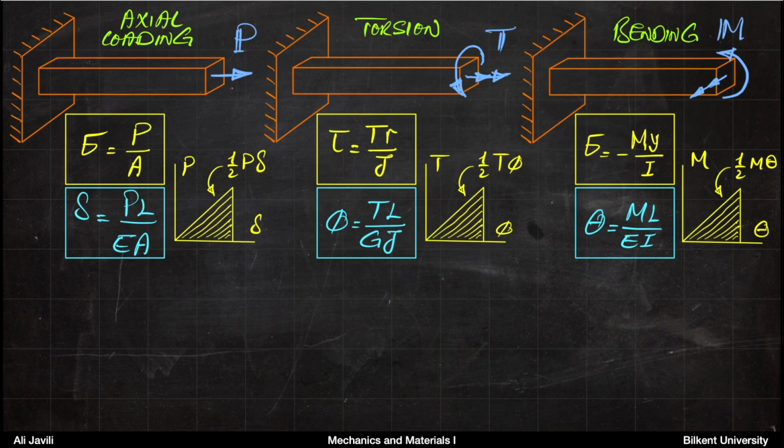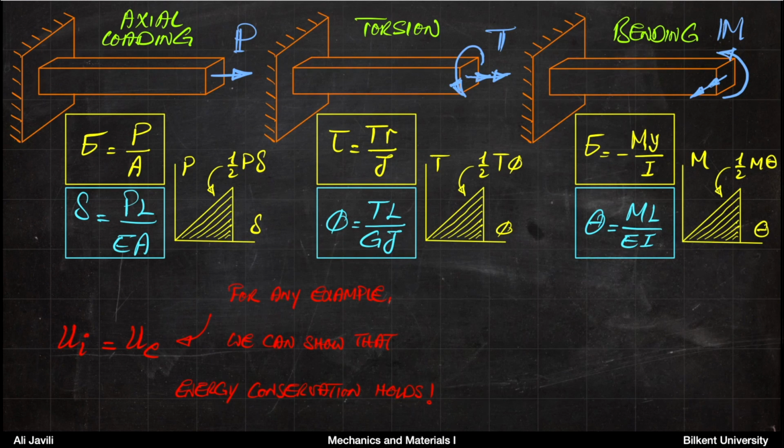And then again, we can do this for any of these cases. So whether you have axial loading, torsion, or bending, the strategy that we are going to introduce is exactly the same thing. Having the information that you have here, we can show that for any example, the energy conservation holds.